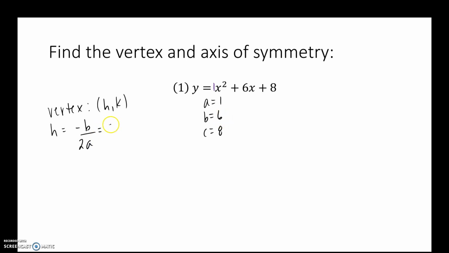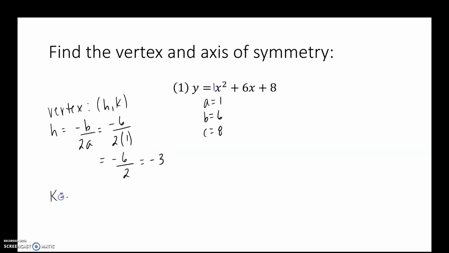So the opposite of positive 6 is negative 6 divided by 2 times 1. Now, if you're using a calculator, you just have to be aware, and I would tell you to multiply the denominator, right? So my x-coordinate would be negative 3.